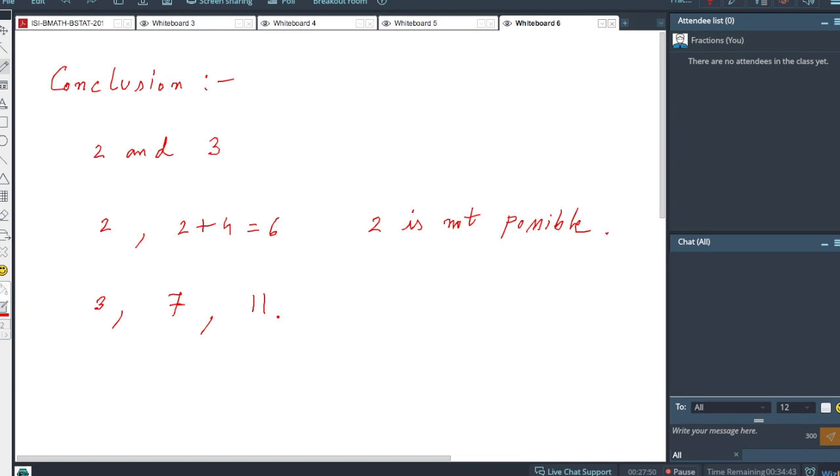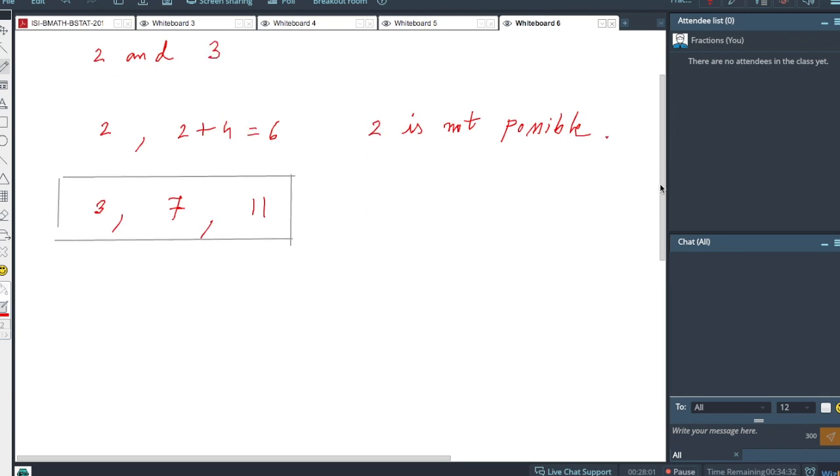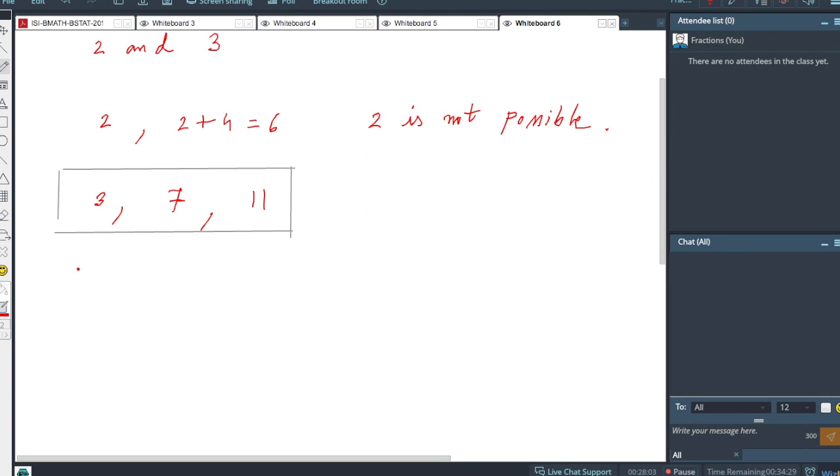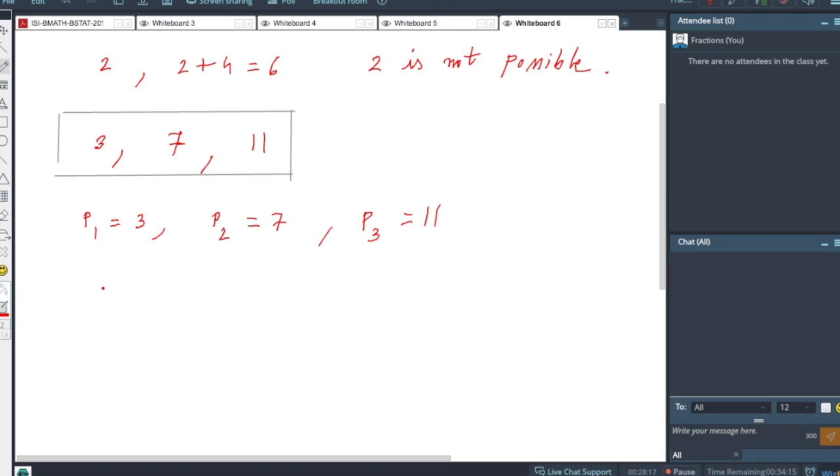So here we can see some hope to get a solution. So now, look, if I take P1 to be 3, P2 to be 7, and P3 to be 11, then we have a problem.